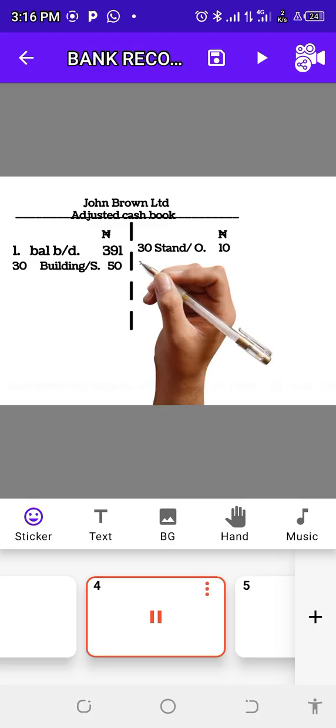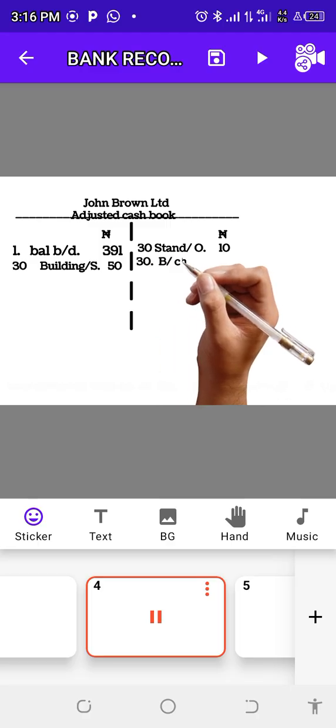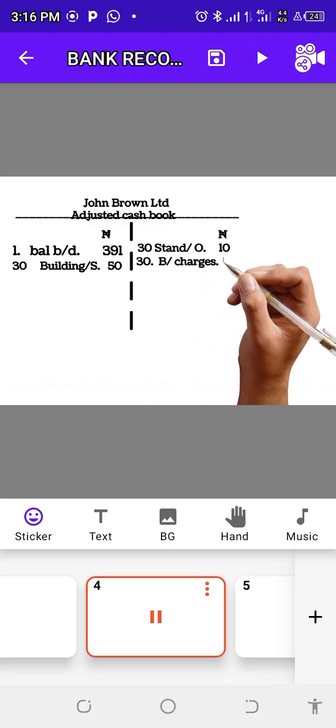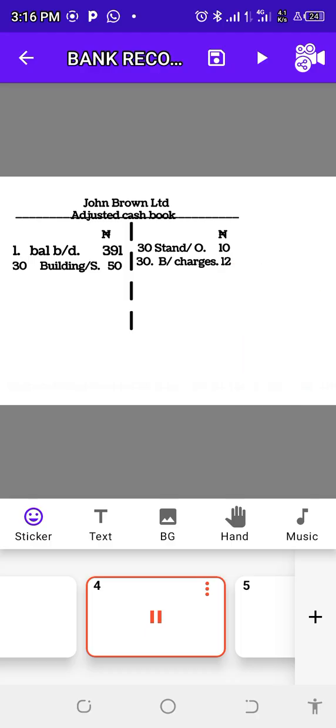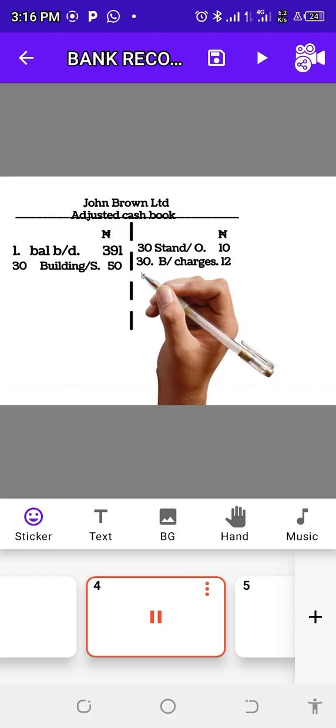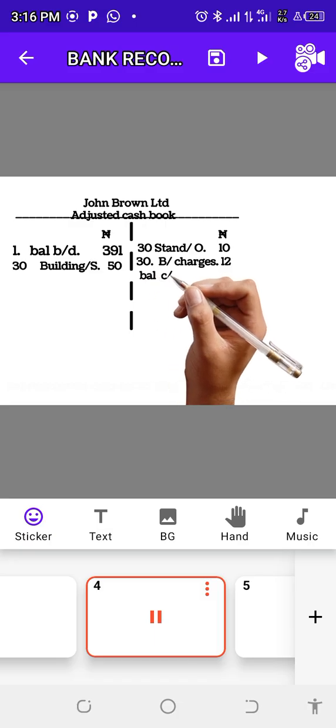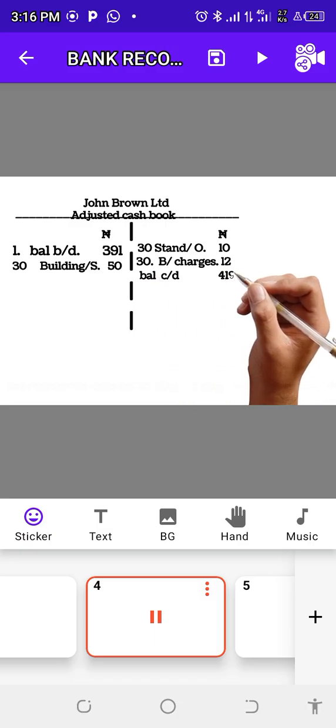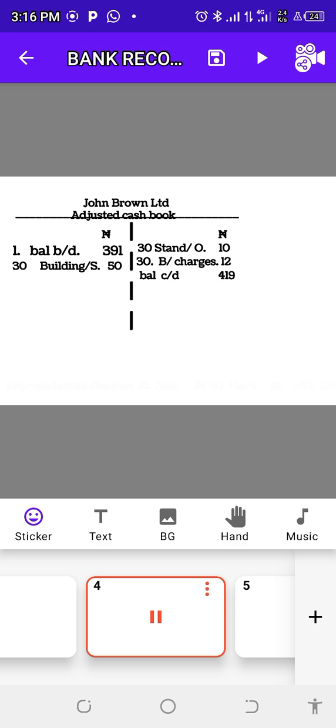Then the next thing is bank charges, which is 12. These are the only things we needed in the adjustment: direct debits, direct credits, and any error affecting the cash book.